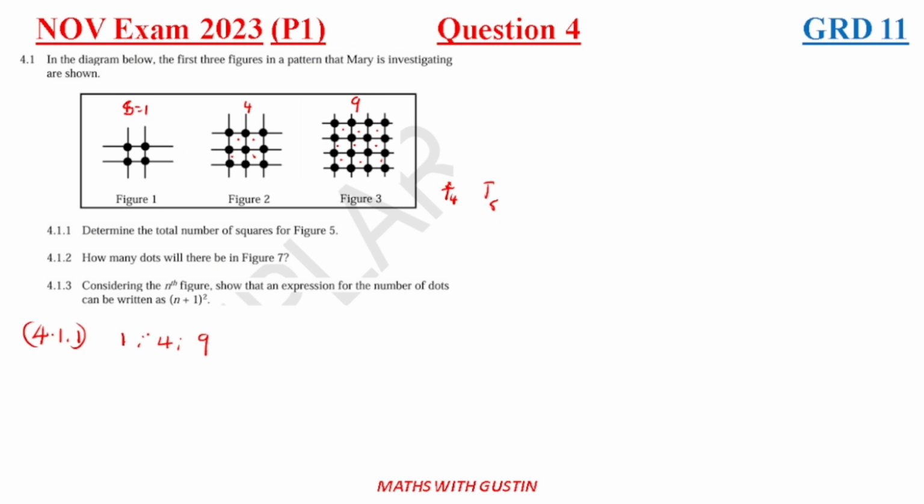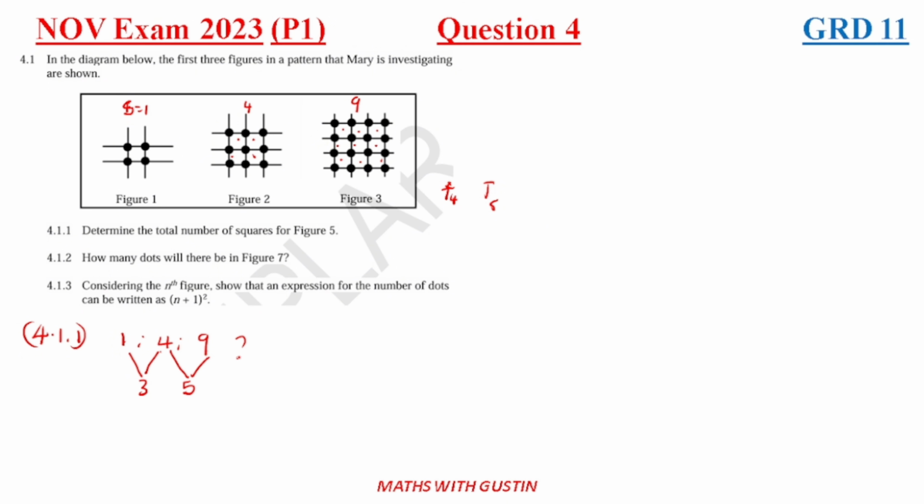If you were to check whether this is an arithmetic or a quadratic pattern, you would say if it's arithmetic, the first difference must give us a common number, and if not, the second difference must give us a common number if it's quadratic. So 4 minus 1 gives us 3, and 9 minus 4 gives us 5.